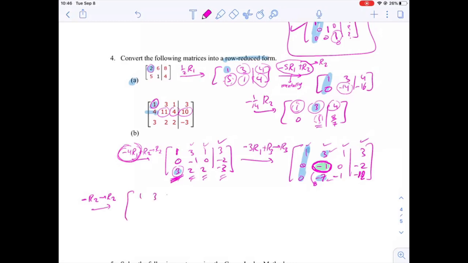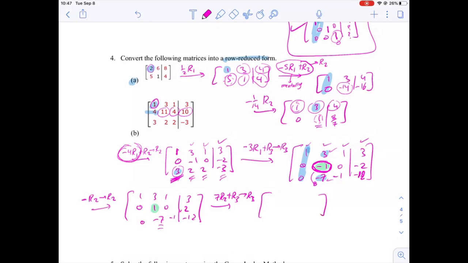So we get +2 here and 0, -7, -1, -12. Now we have this pivot and we need to make the number below that pivot equal to 0. So we have -7. How to make it 0? We multiply the second row by 7 and add the result to row 3, and that will replace row 3.